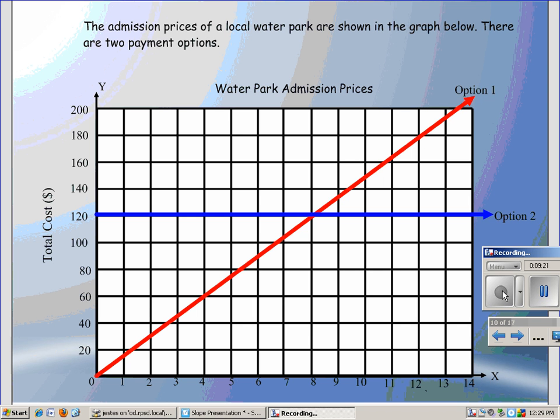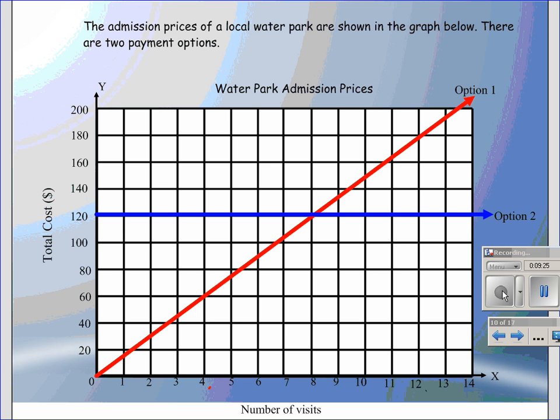So let's find on the x-axis, this is our visits, and we want to find 4 visits. So now we're going to follow it up until we hit the line for option 1, and then we're going to follow it over. And this is going to tell us how much it will cost for 4 visits. And that's the $60 that we got by solving the equation.